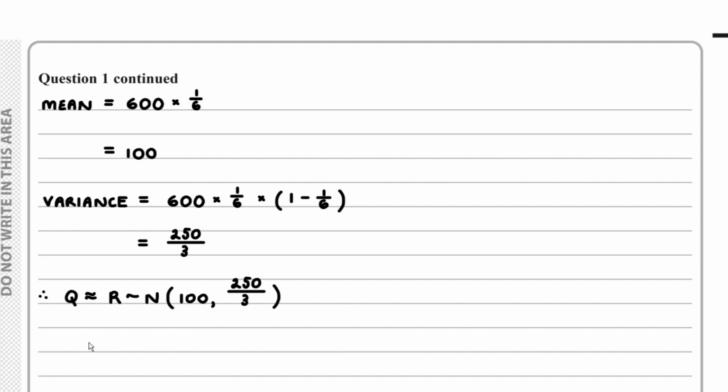So therefore, Q, which is a binomial distribution, is approximately the same as R, which is normally distributed with parameters 100 and 250/3. The mean is 100, the variance is 250/3.